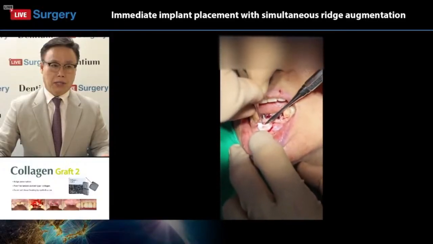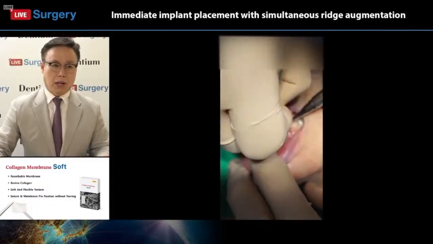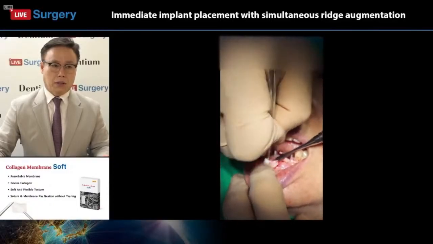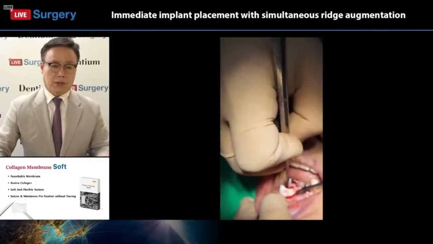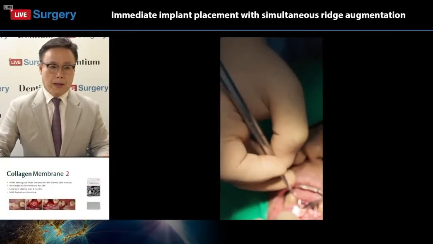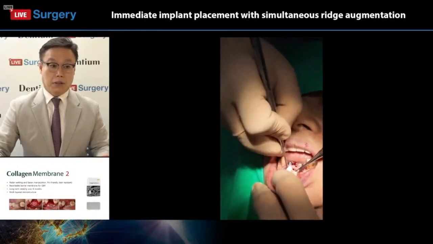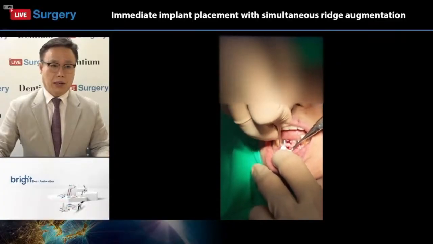So in the space we made through the vestibular incision, I apply the collagen matrix first as the barrier membrane, and once it is hydrated, it becomes easier to manipulate.